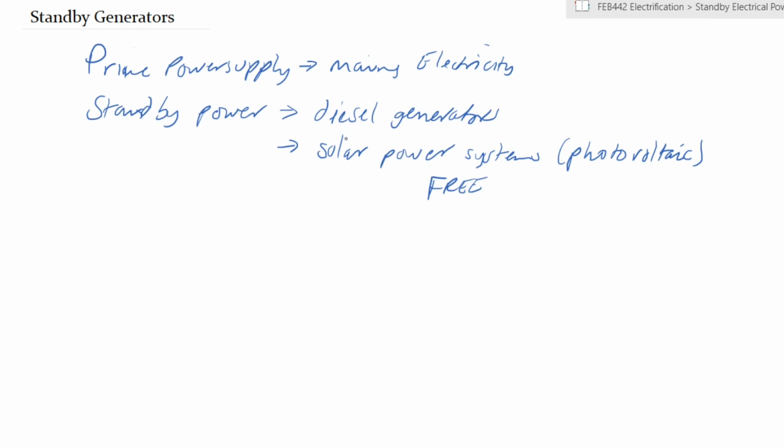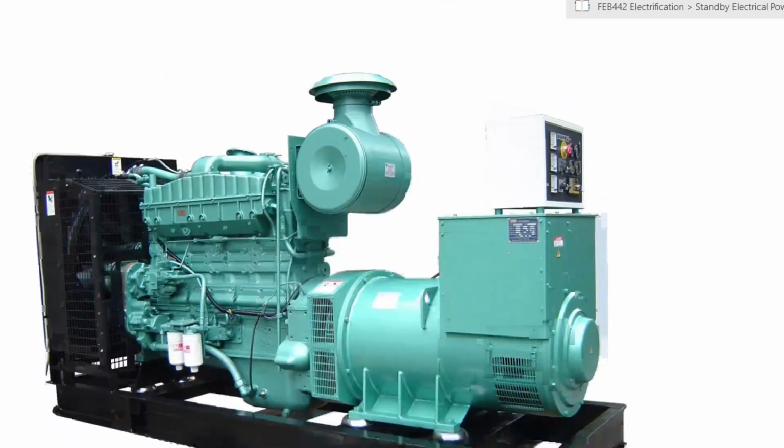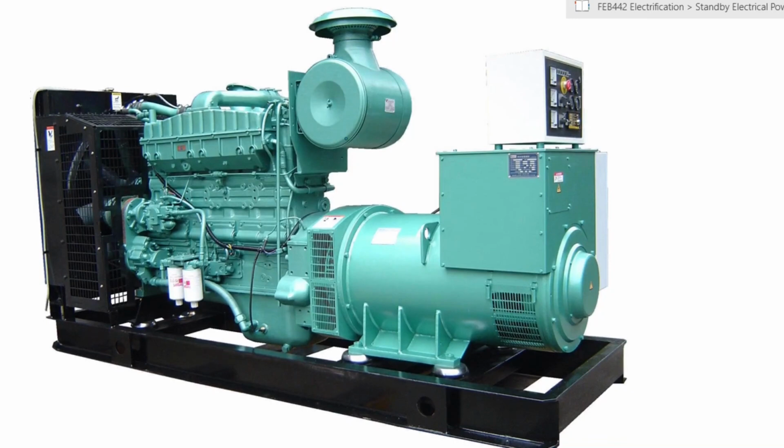These consist of generator sets with diesel engines that are mounted close to where the consumer requires them. And generally, they will look something like this. This is the format in which they will operate. So you will have, simply put, a diesel engine coupled to an alternator.